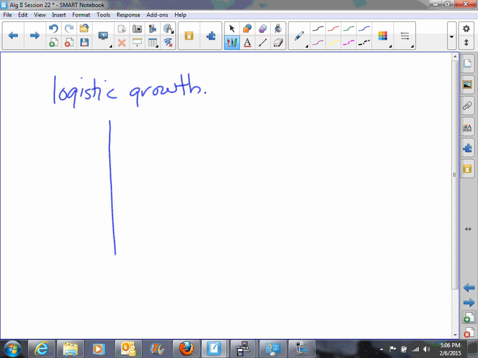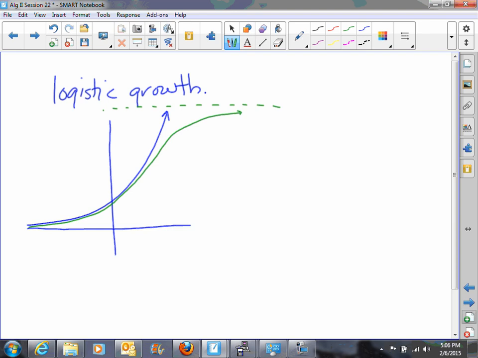Now, the exponential function looks something like this, and after a while it just takes off to the right. Now, the logistic function has a similar look. Early on, it looks something like this, but then after a while, it begins to level off because of limiting factors. Now, the logistic function is f of t equals C over 1 plus A times e to the negative bt.